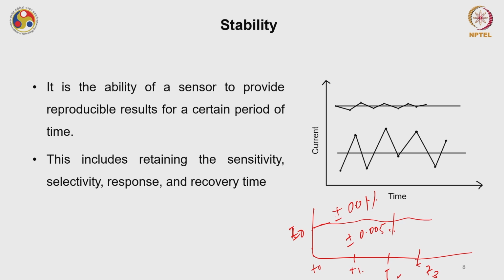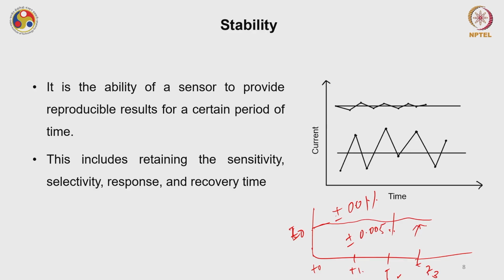Of course, I can say this more correctly when I find its sensitivity, selectivity and other values over time. But by seeing the stable baseline current in a device, I can say that this device will have better stability. We'll come to stability once more when we discuss the environment factors.